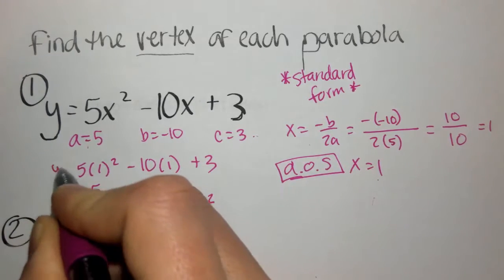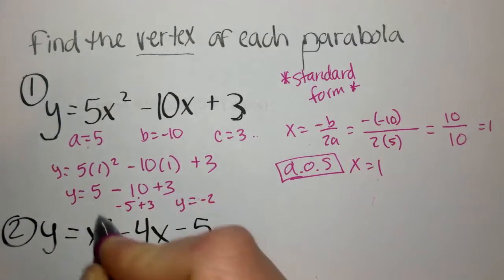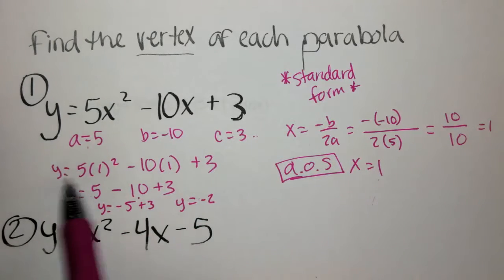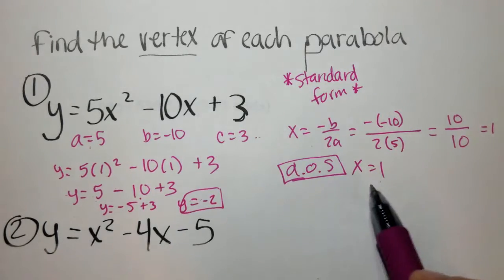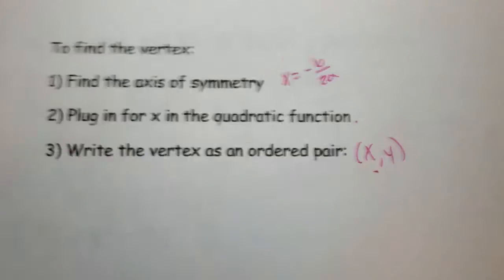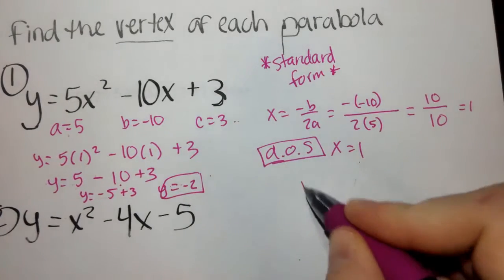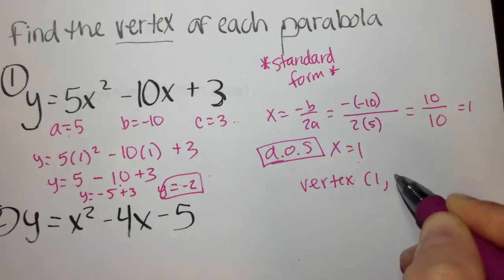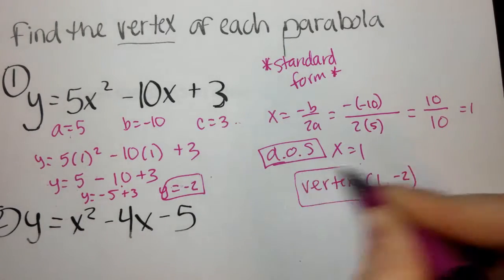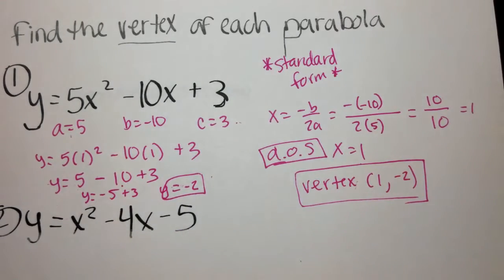So remember, this whole time, I should have done this, my bad, was keeping that you're finding y. So y is negative 2. Alright, so now we have an x value and a y value. Write the vertex as an ordered pair. So your vertex is going to be 1, negative 2. Final answer, right there. Okay?